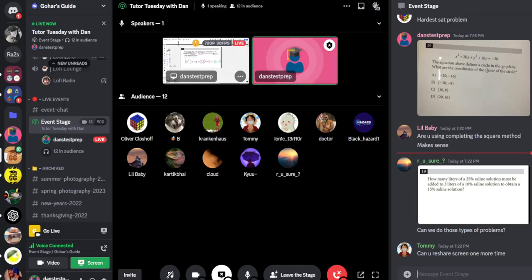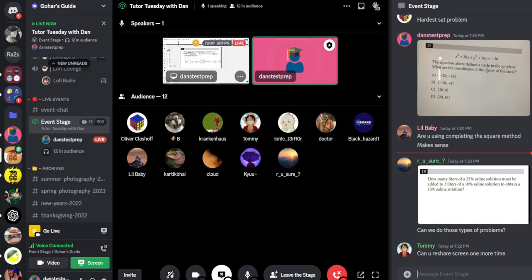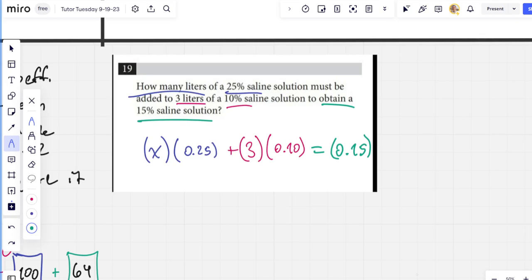Oh, maybe some typing. You guys see what I missed here? Because this is how a lot of people mess up, including myself the first time around. But this one is missing, where we've always had a volume times a concentration. Here we just have the concentration. Where's the volume?